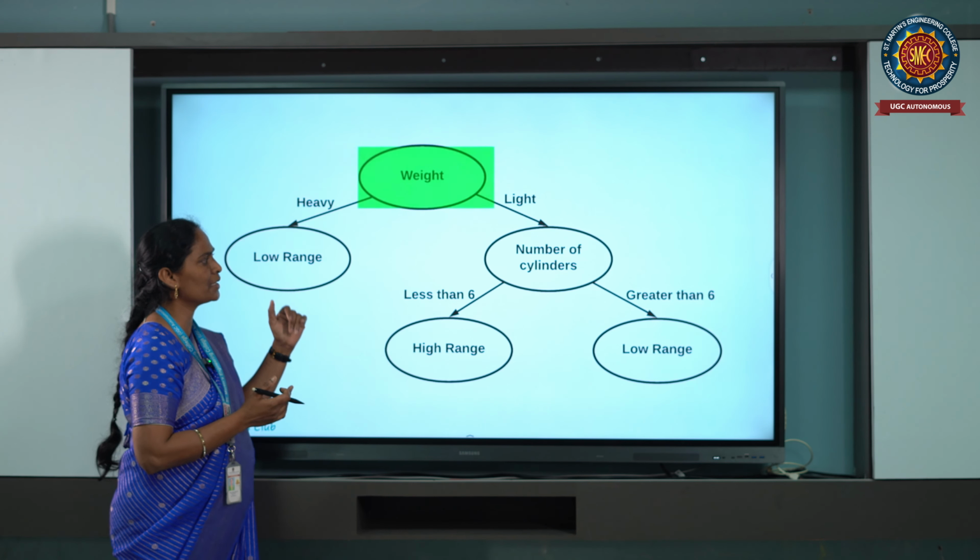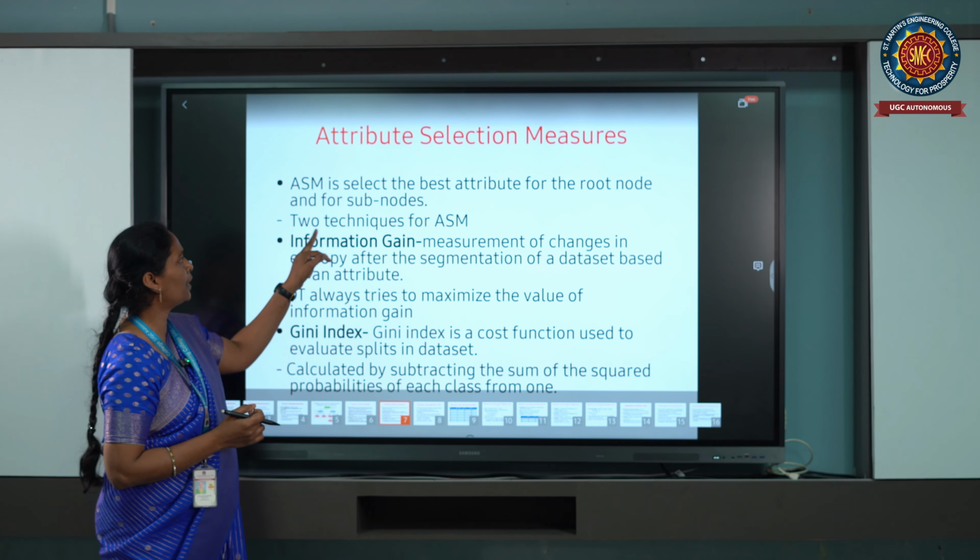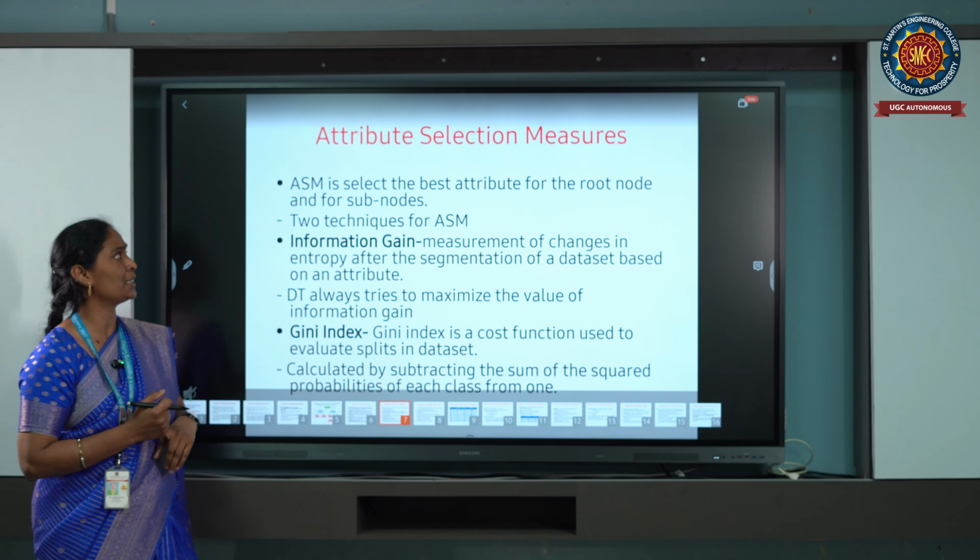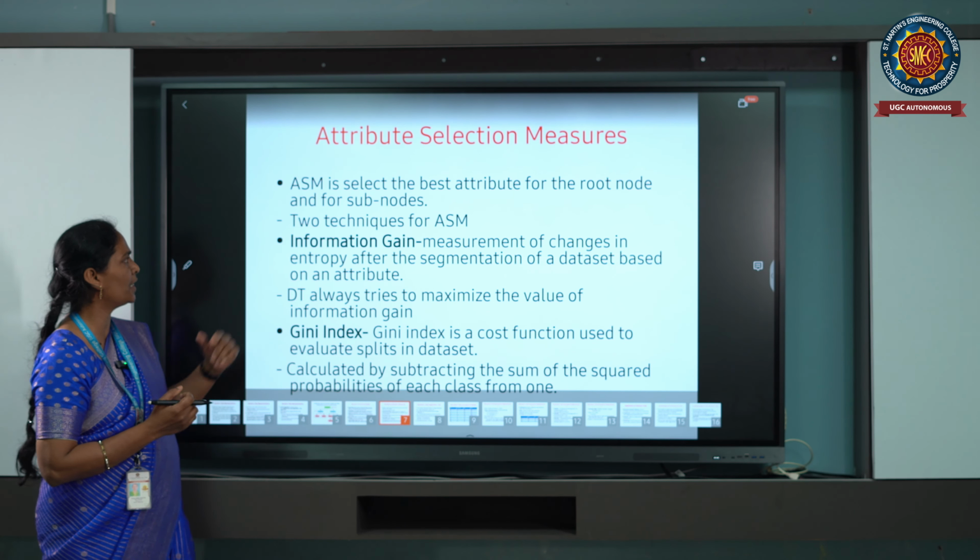Next, we can see the attribute selection measures. Whatever we have taken in the decision tree algorithm can be taken as the attributes in the decision tree, and that is selected for some measures. Here there are 2 techniques for the attribute selection measure: one is the information gain and the second one is the Gini index.